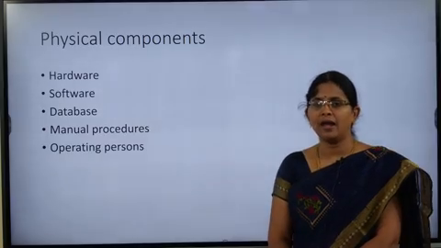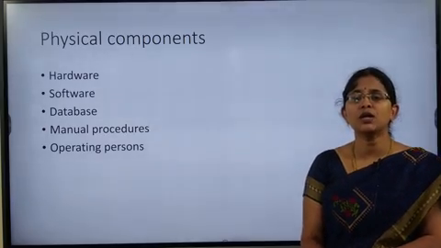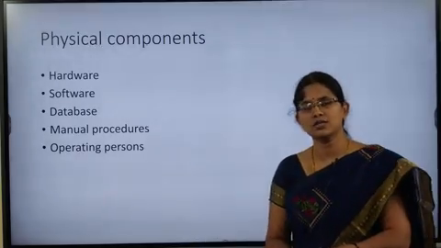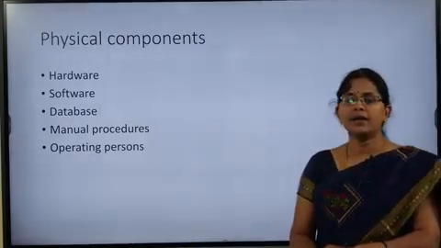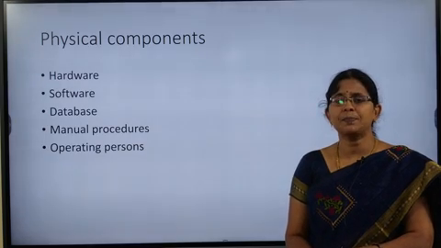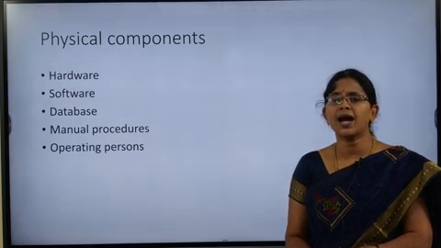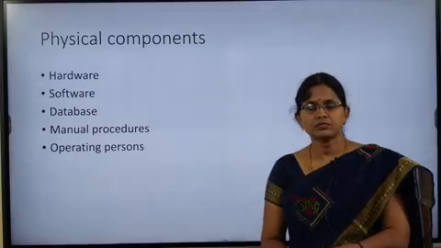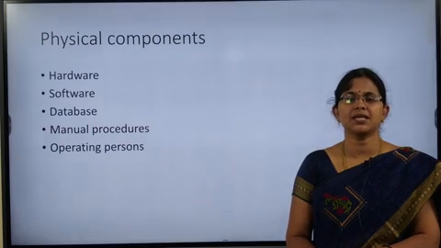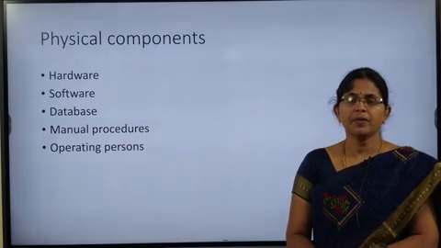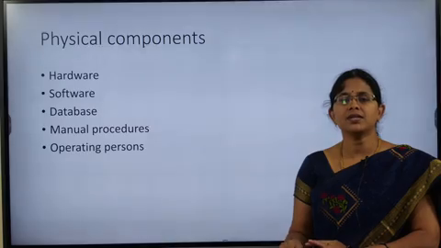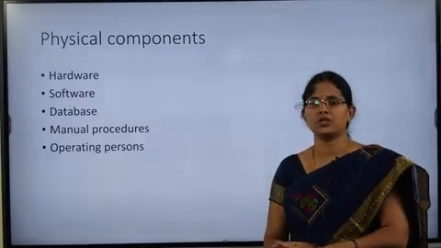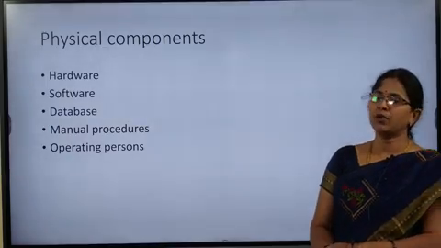Coming to the software, the programs that you are using in order to handle the data are called the software. And third one, database. A database is a place where you store the entire information related to the organization. And fourth one, manual procedures. It's nothing but the business processes also. It means whatever the necessary steps that you are taking in order to process the information are nothing but manual procedures.